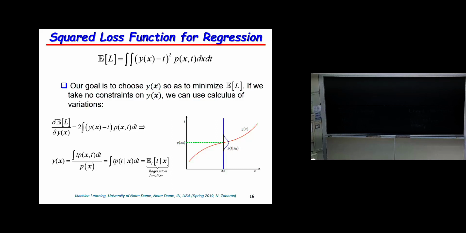Here, really what I mean is that the distribution of T for any given X is what I call a posterior in this slide, to follow up with the previous slides. So the expectation of this distribution that you see here is basically the regression function.